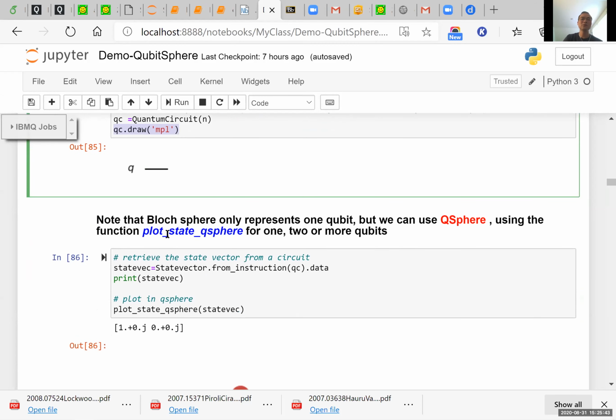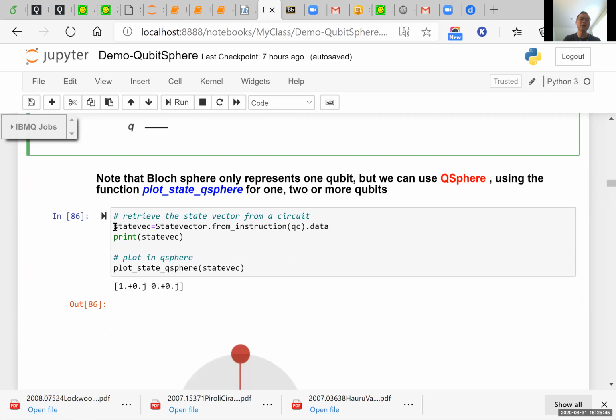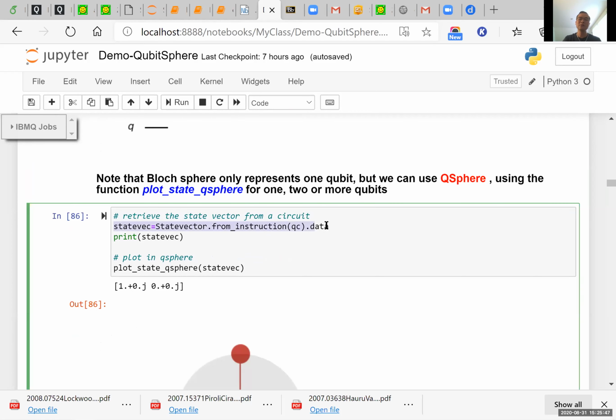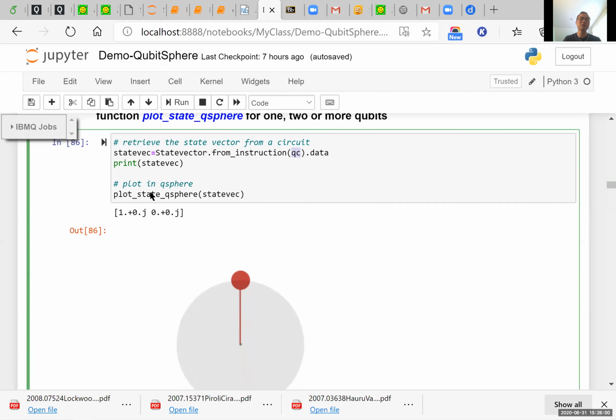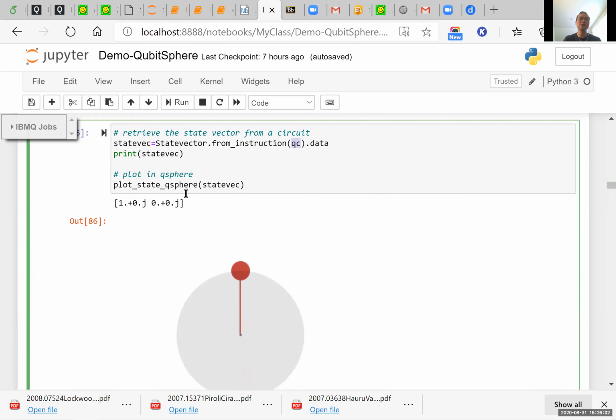Okay, so what I do is I read out the state vector. The detail doesn't matter; you can play with the code and change that. I read out the state vector from the quantum circuit and plot it in Qsphere.